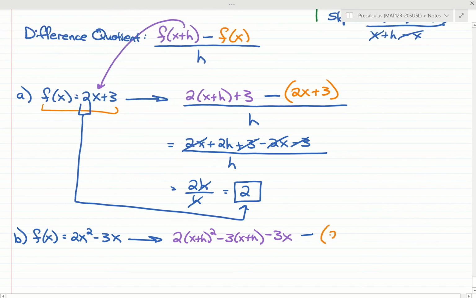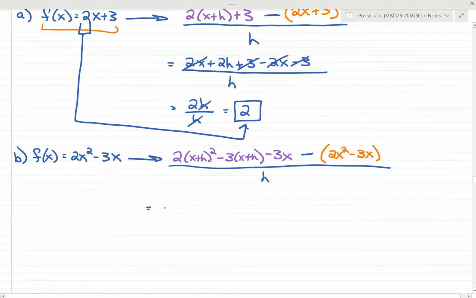But remember, we're subtracting the whole thing, so we need to use parentheses. Then I'm going to divide the whole thing by h. Okay, so this will be fun. I'm going to do 2 times x plus h times x plus h, minus 3x minus 3h, minus 2x squared plus 3x, all over h.